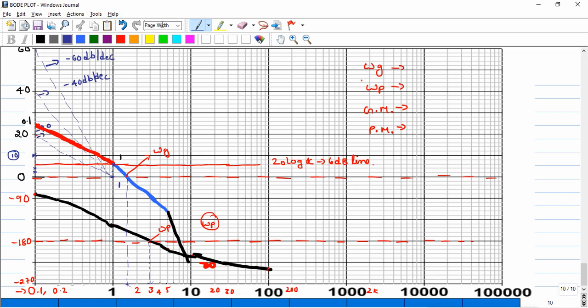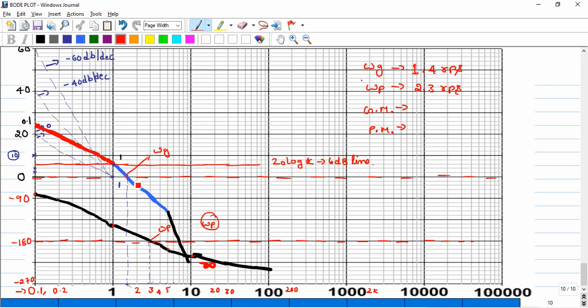So since I am using an irregular, because I have zoomed this, so if you draw with the help of semi-log graph, you will obtain omega g as around in between 1.4 rps, and omega p as 2.3 rps.